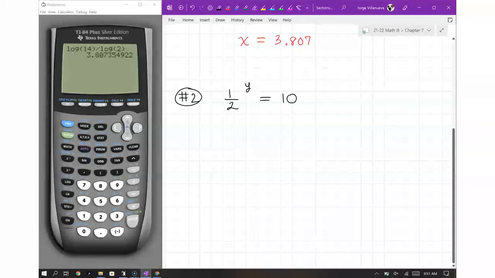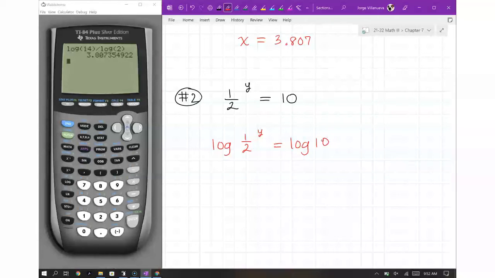So what I'm going to do is a workaround. I need that y to be all by itself. I got to bring it down from being a power. So I'm going to introduce something to both sides. I'll introduce log. So log of half to the y equals log of 10.